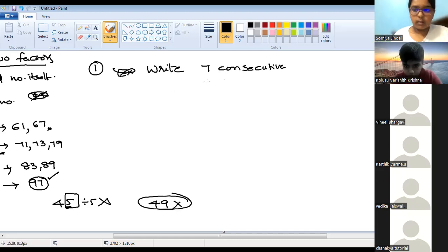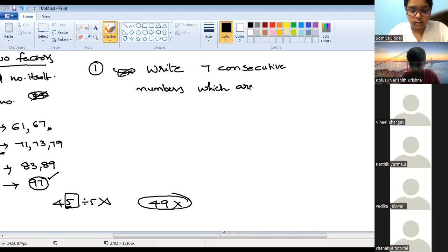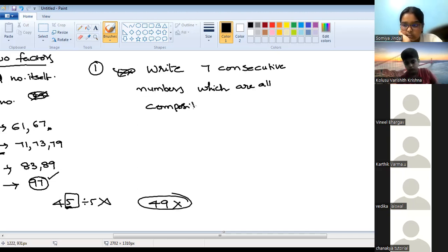Write 7 consecutive numbers which are all composite numbers. No prime numbers between them.